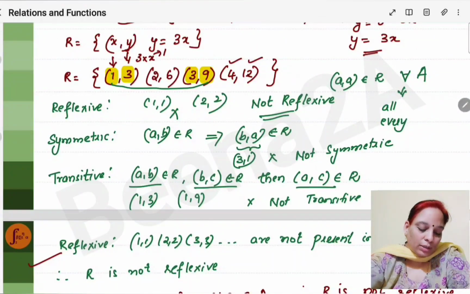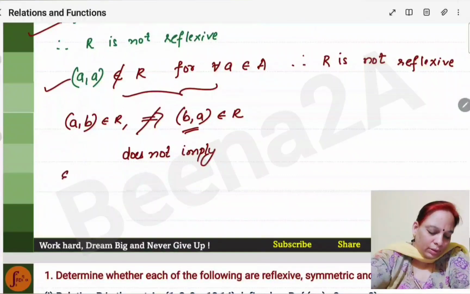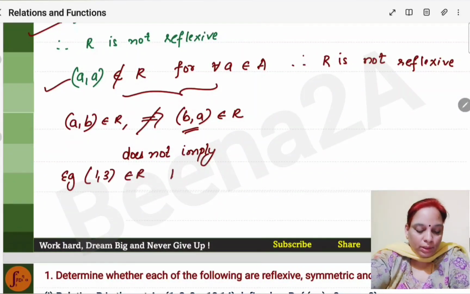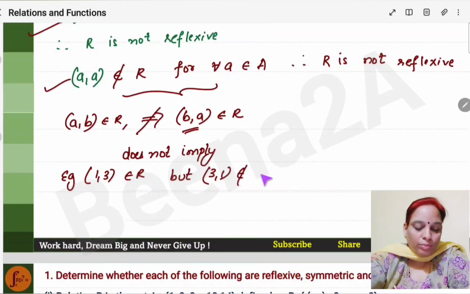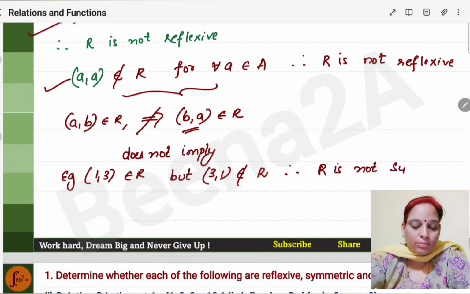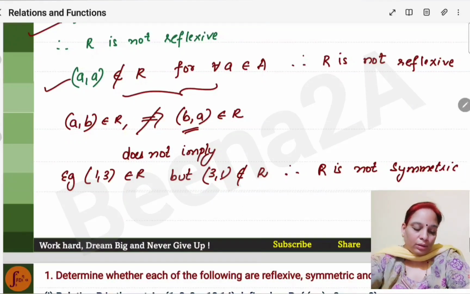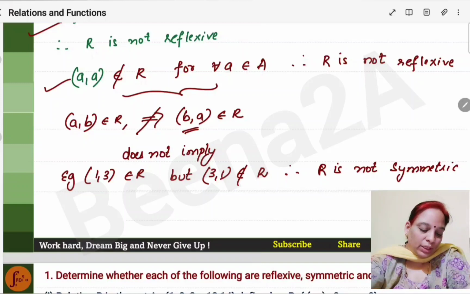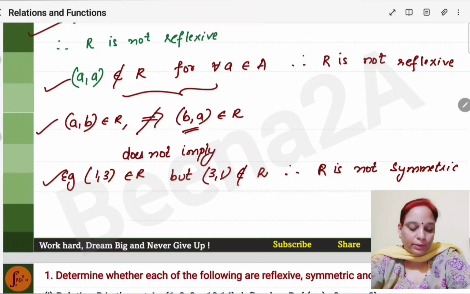You can write example: 1, 3 belongs to R, but 3, 1 does not belong to R. Therefore, R is not symmetric. So, you can either write it like this or you can write it with an example, making it more clear.